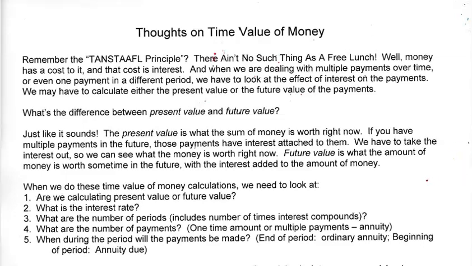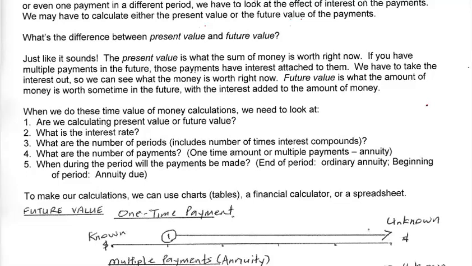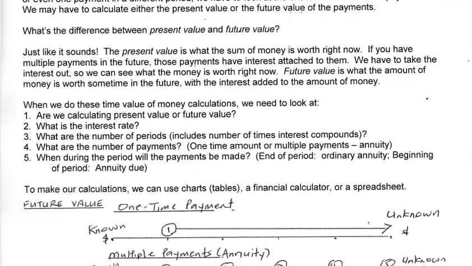All right, let's keep on looking. To do our calculations, we can use charts or tables. Most textbooks in accounting and finance have some kind of charts or tables. If you get into some different calculations, it's a good idea to get a financial calculator. You can get one for about 30 bucks somewhere, or a spreadsheet.